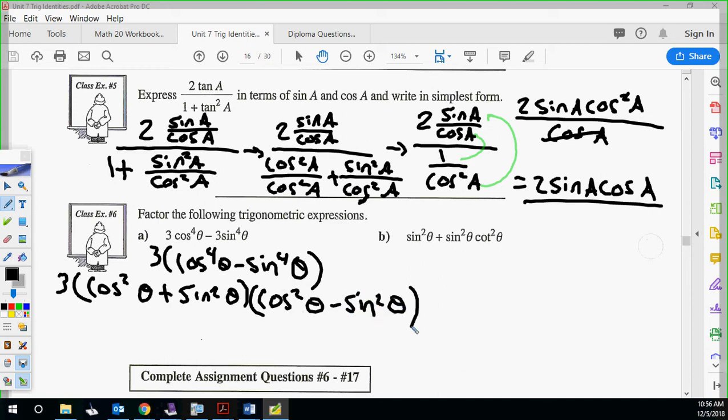Why is that neat? Not both of them aren't 1. This one's 1. Essentially, that's nothing, right? Just a 1. So that's kind of like we pulled that out. That's gone. You can write a 1 there if you want. 3 times 1, that's a difference of squares again. This right here is a difference of squares again.